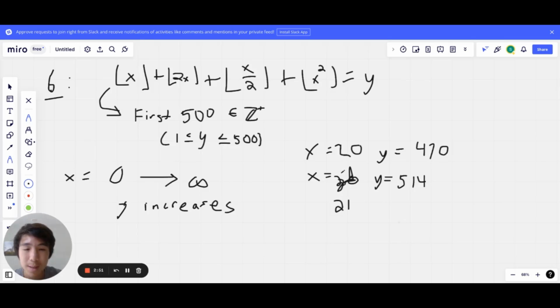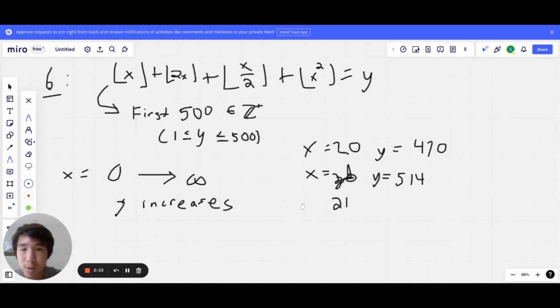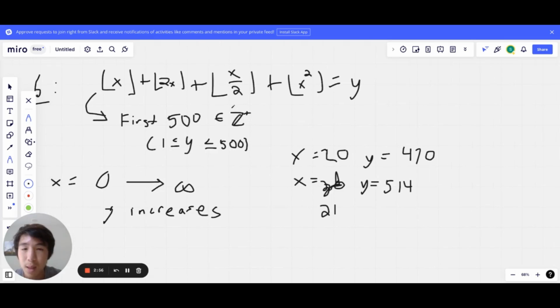So now that we know that x is between 20 and 21, we should narrow this down a little bit more. The reason why is because y increases every time x hits a multiple of 1/2, and it's going to be a lot easier for us to see in a 1/2 range. So we want to see whether x hits 500 when it's between 20 and 20.5 or between 20.5 and 21.